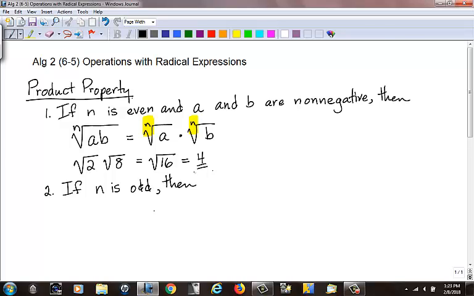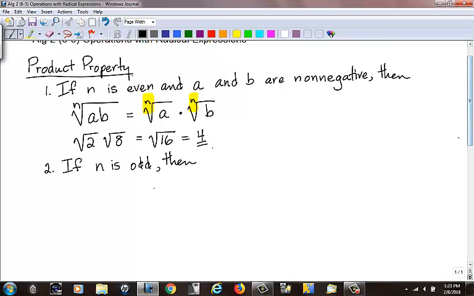Now, the other part of this is if n is odd, then the nth root of AB equals the nth root of A times the nth root of B. So for example, let's do a cube root.